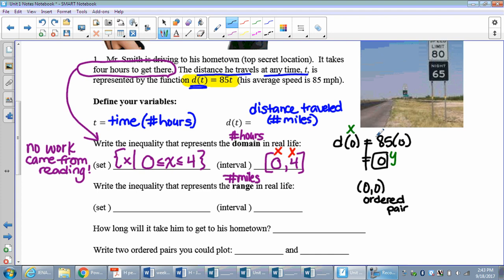And then if I were now to plug in my largest x value, d of 4, d of 4 equals 85 times 4. And you can either do this out on the side of your paper, or feel free to press pause and go get your calculators. So press pause if you need to. 85 times 4, when we do that out on the side or using our calculator, we get 340.